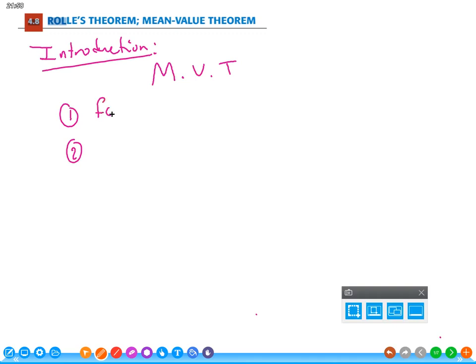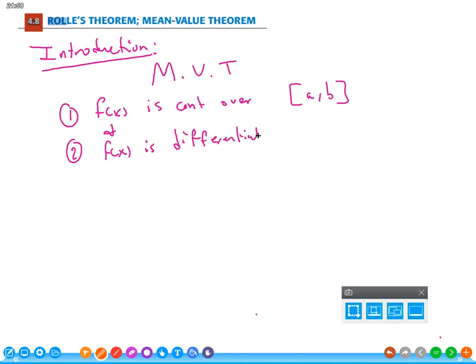First, f of x must be continuous over the closed interval [a, b], and f of x is differentiable over the open interval (a, b).